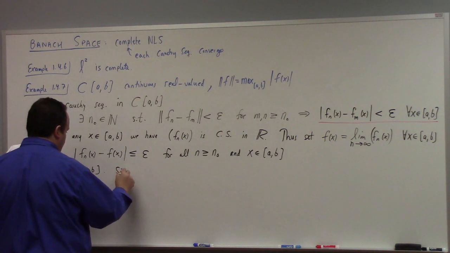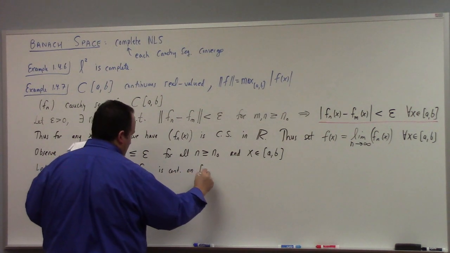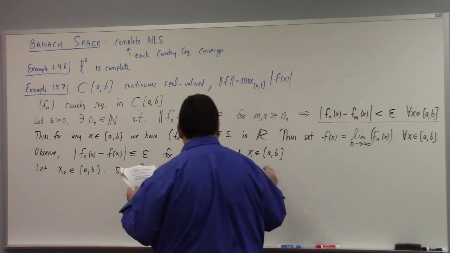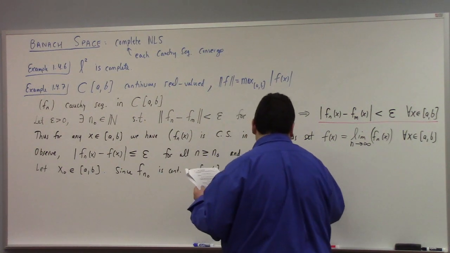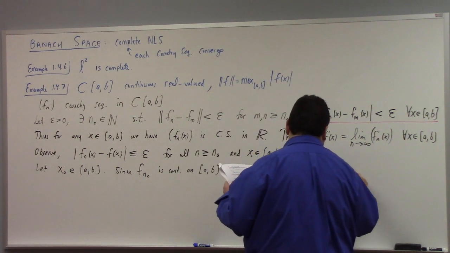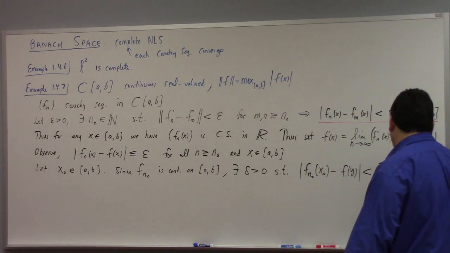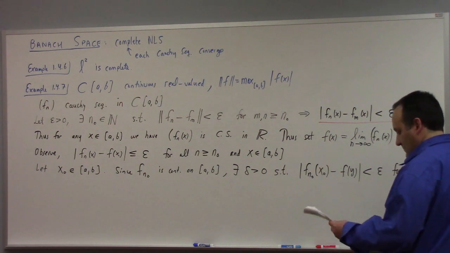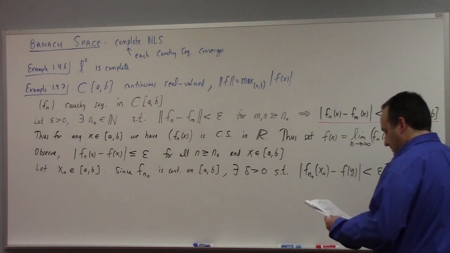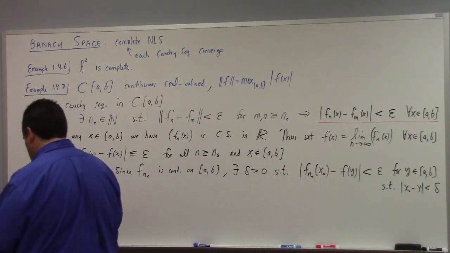And then he says, since f_{n_0} is continuous on [a,b], there exists delta greater than 0 such that the absolute value of f_{n_0}(x_0) minus, he's going to introduce another variable here, f_{n_0}(y), is less than epsilon for y in the closed interval [a,b] such that the distance from x_0 to y is less than delta. So that's the usual epsilon-delta continuity condition, right?